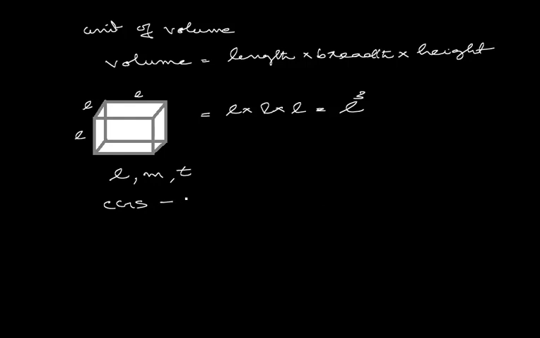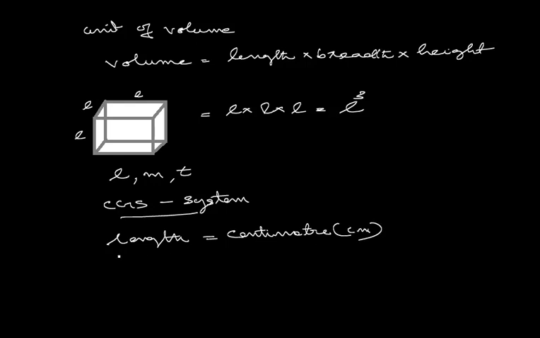So in this CGS system, length is measured in terms of centimeter, cm, and mass is taken in grams, and time in seconds.